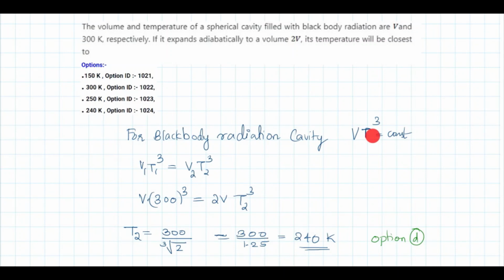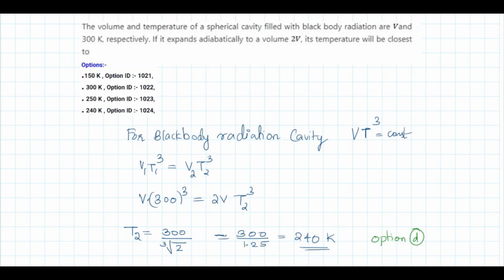Actually, this is a question of particles that obey Bose-Einstein statistics, and from the derivations of black body radiation, we can show that for a black body radiation cavity, V T cube is constant. For an ideal gas, this is not the case.